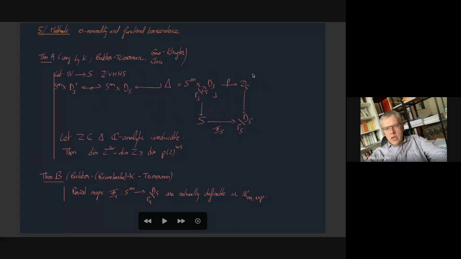It says that this period map establishes a strong relation between the algebraic structure on the quasi-projective variety S and the algebraic structure on D coming from the embedding in the dual period domain. Namely, let's take the fiber product of this diagram, and I call it delta.